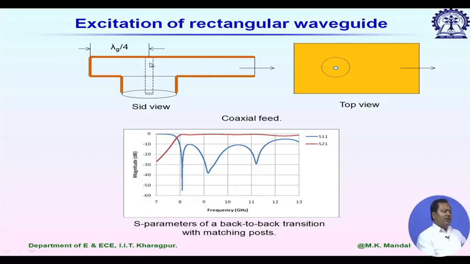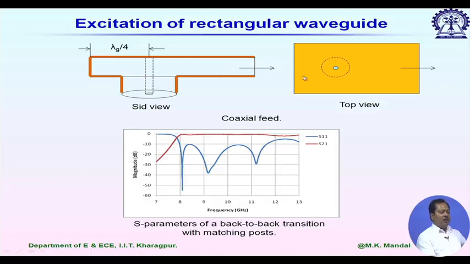Because of this lambda g by 4 short termination, we do not have any wave propagation on the left-hand side. You can say that if any wave propagates on the left-hand side, then it will be reflected from this short plane, and it will be out of phase, and in the front side we do not have any reflecting surface, so simply it will propagate.